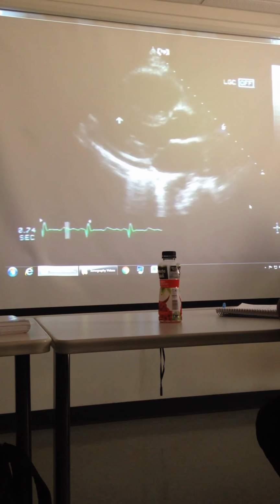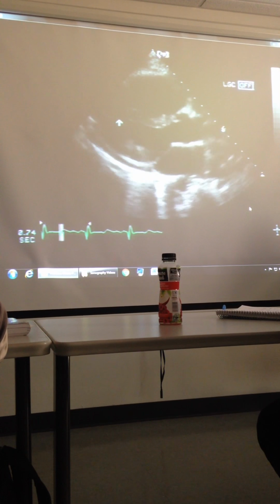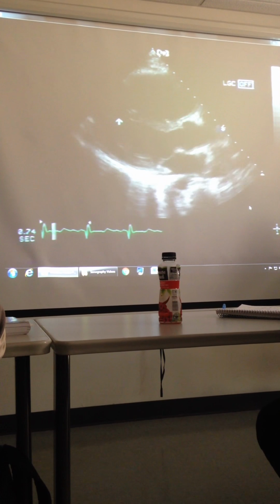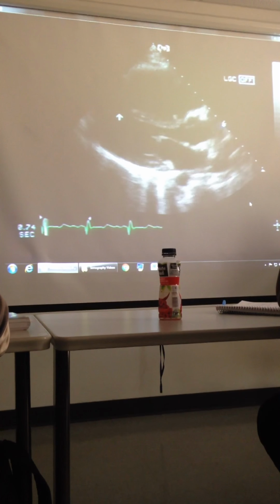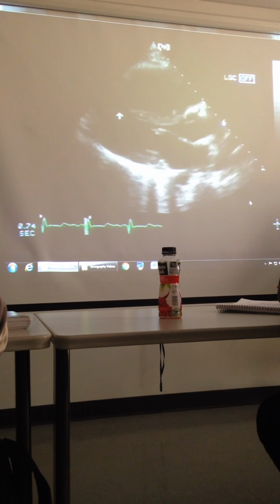So on this parasternal long axis view, it's not conclusive that this arrow is pointing to a defect because it could be a rib shadow, right? So the first question is going to be on the short axis.